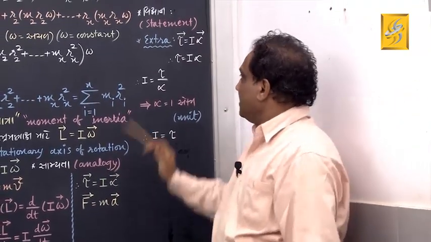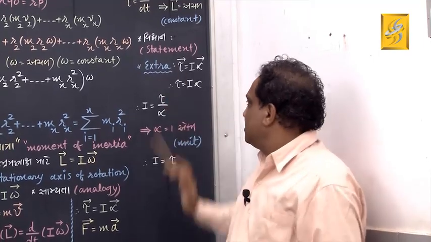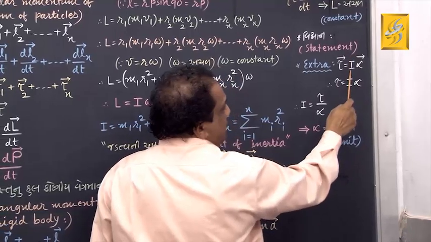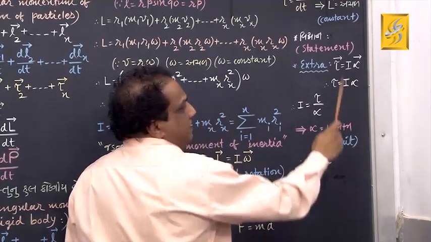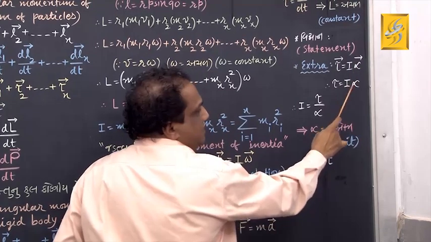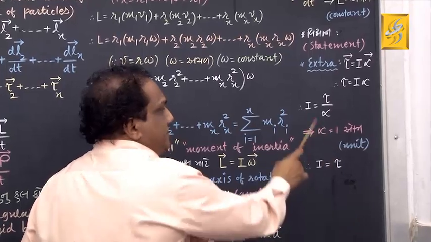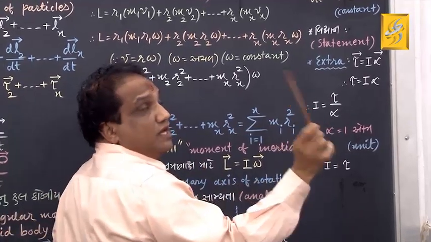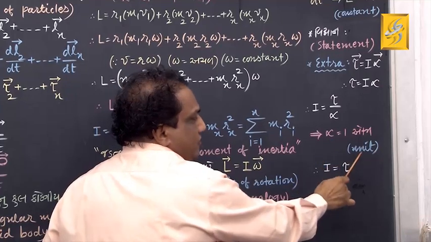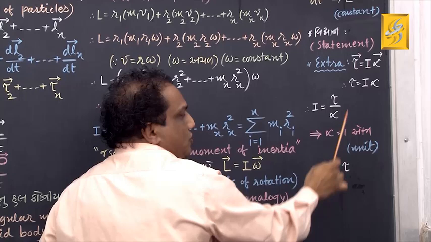Fine. Now, one definition we are taking. This is the point that may be asked in the examination. Look, vector tau equals I into vector alpha. Then take magnitude: tau equals I alpha. Find I, it will be tau upon alpha. To define this quantity, what we normally do is take the denominator as 1 unit. So take alpha equal to 1 unit. When you put it here, I will be equal to tau.